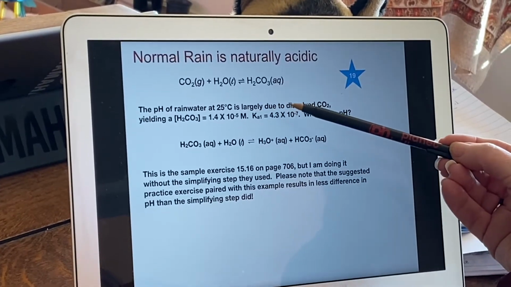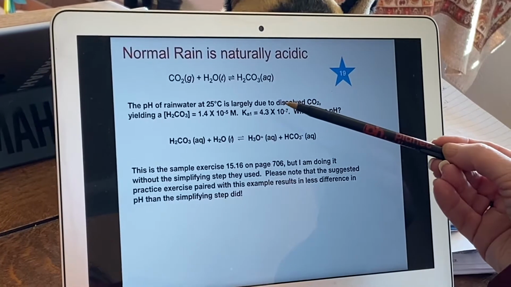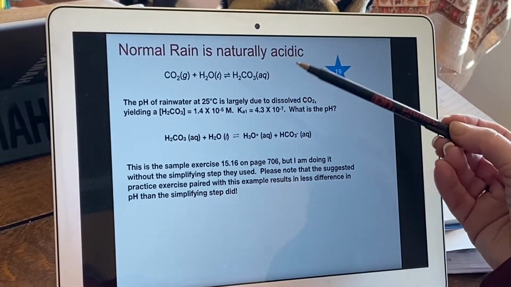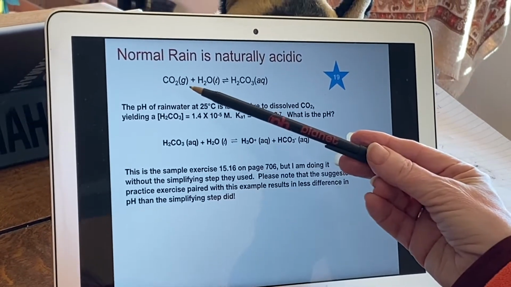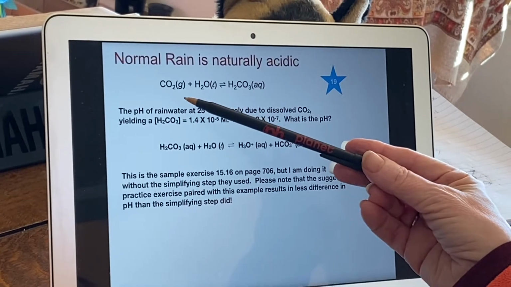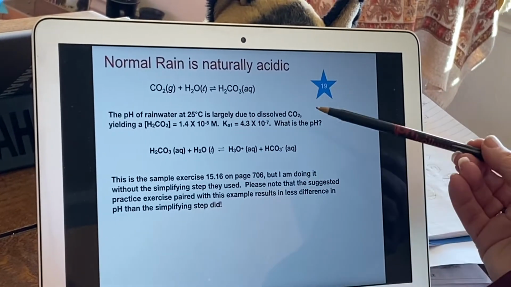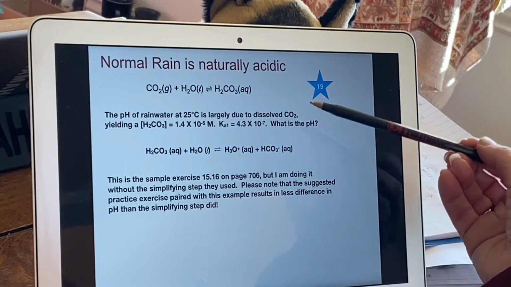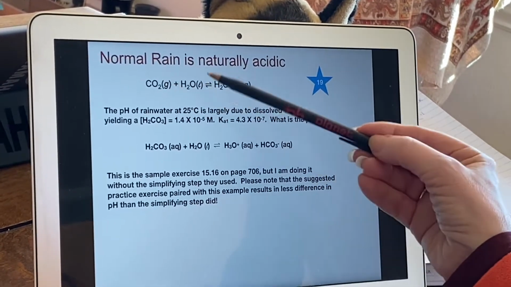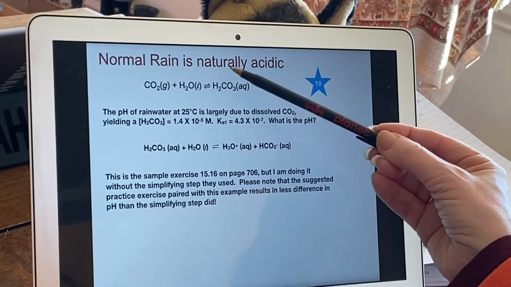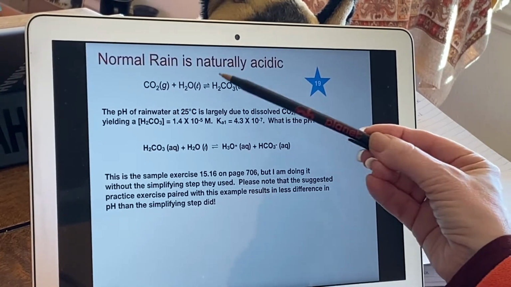If it was pure water to start with, we would expect a 7, right? But it's not, because it falls through the atmosphere, which has some carbon dioxide in it, and it will dissolve some of that. When it does that, it will create carbonic acid.